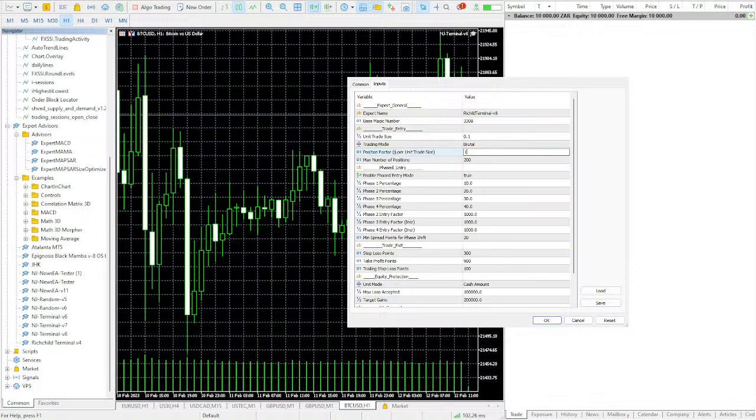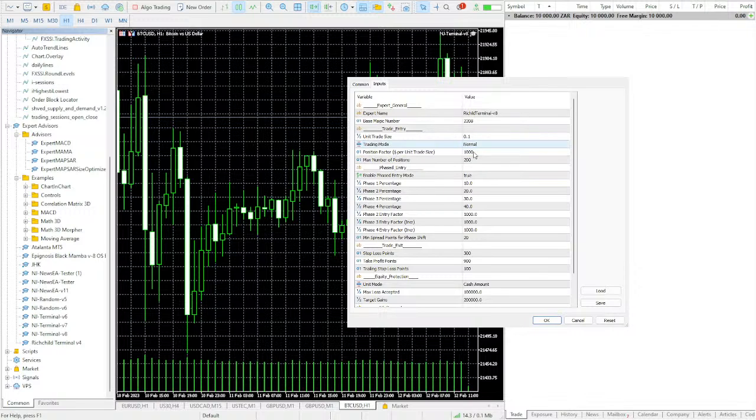If I put 1,000 here, it means that for every 1,000 in my balance, and my balance is 10,000, it's going to open a 0.1 lot size. Which means it's going to open ten 0.1 trades, which amount to a lot size of 1.